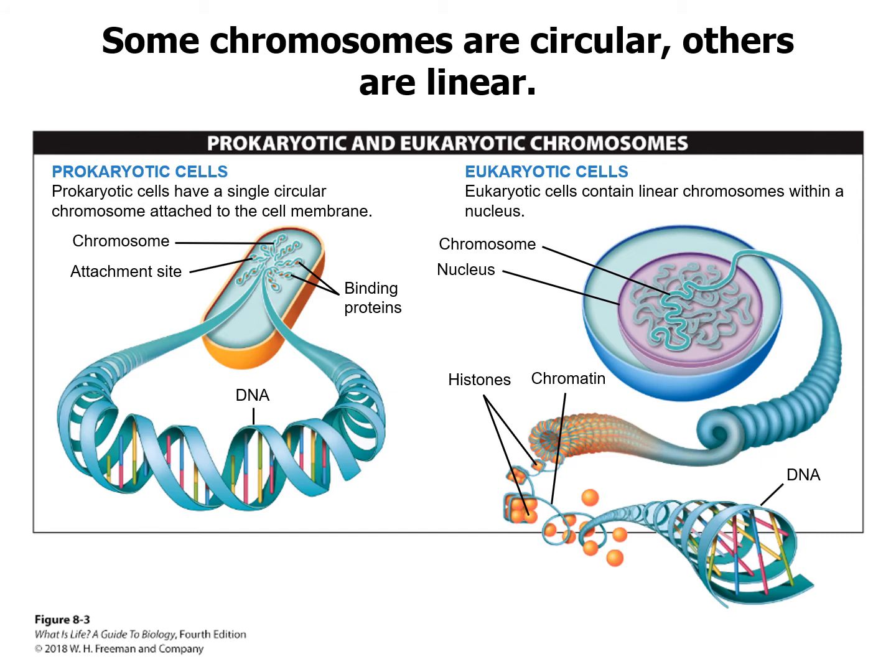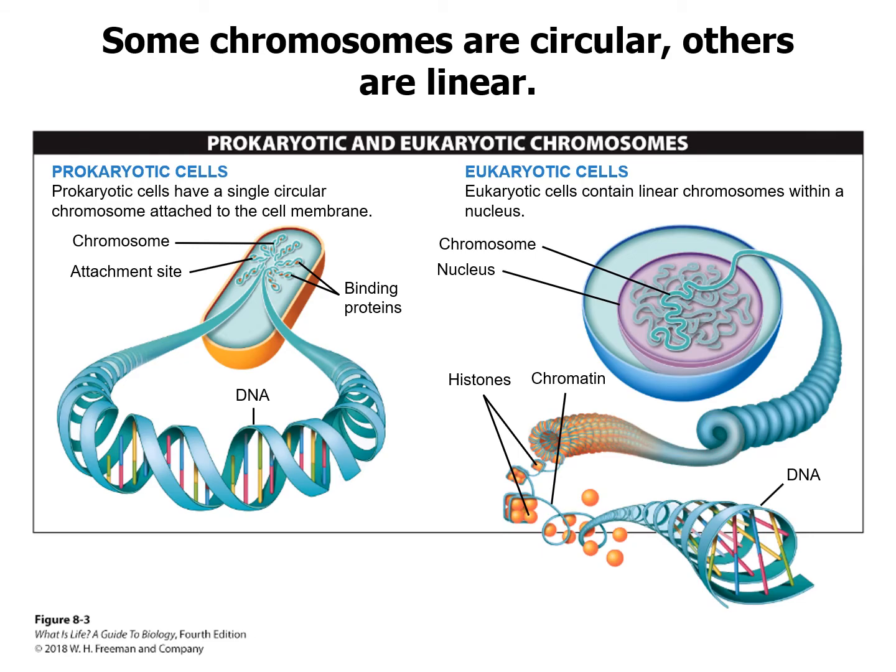Meanwhile, with eukaryotic cells, you're going to have the chromosome, specifically that DNA strand, which we're going to call chromatin, wrapping around proteins called histones. And they are going to form linear chromosomes. So not circular, but linear. So like a line.